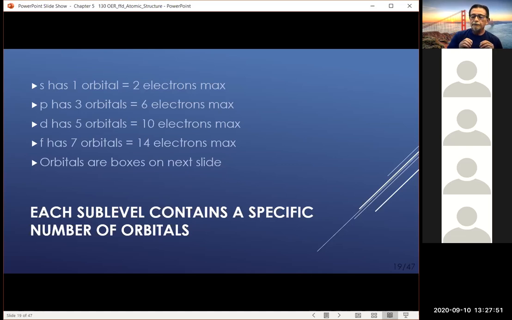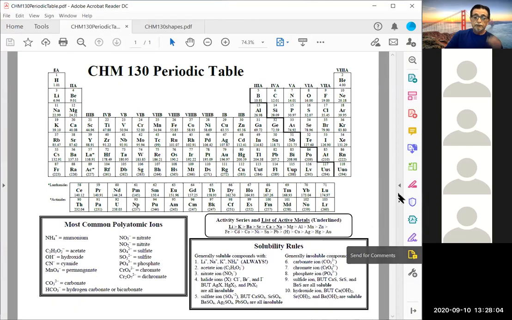Now, let me bring you back to the periodic table, okay? Hopefully we can use a periodic table to help you with respect to where the electrons are.